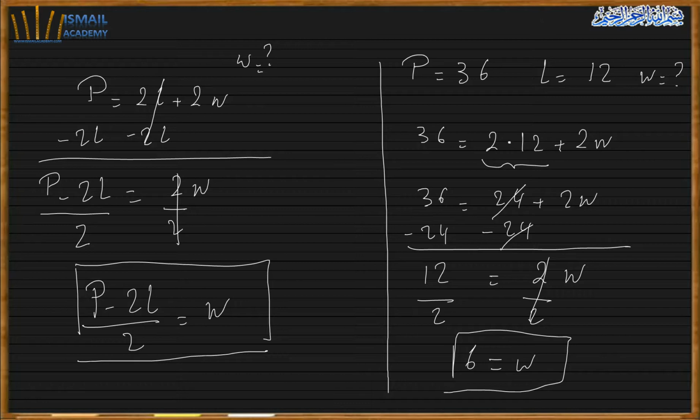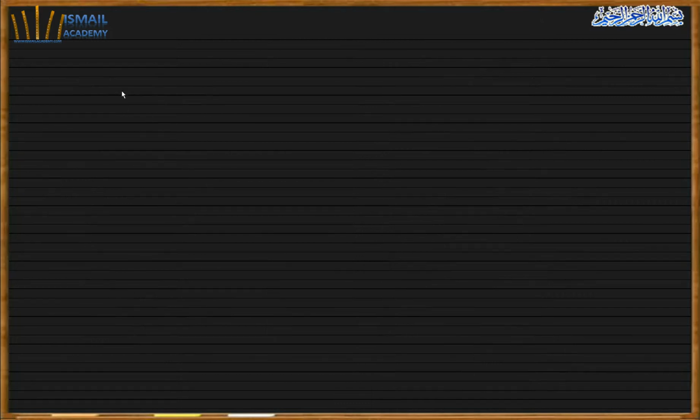Let's pick another example. If I pick the area of a triangle, which is half base times height, and I'm looking for the height. So this is what I'm looking for.